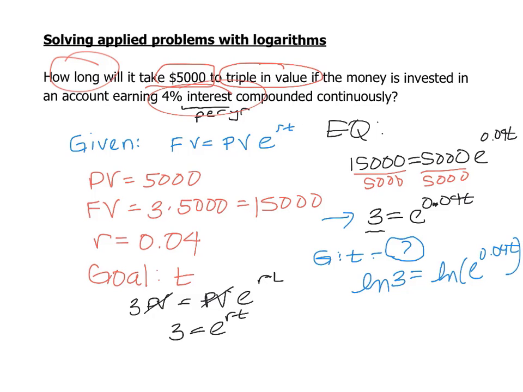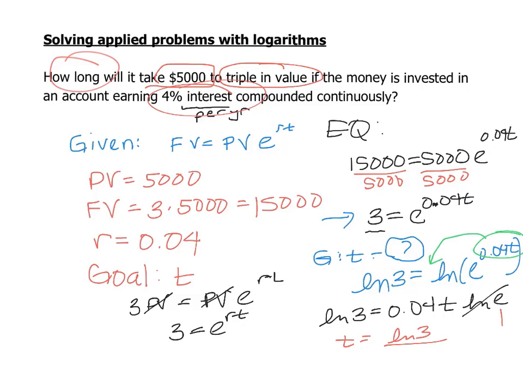This 0.04 t can come down in front. That's one of our properties of logs. So we have natural log of 3 is 0.04 t times natural log of e. And remember, natural log of e, that's 1. So our t is going to be the natural log of 3, and I just need to divide by that 0.04. That is approximately 27.5 years.